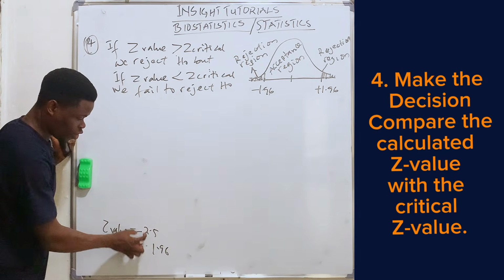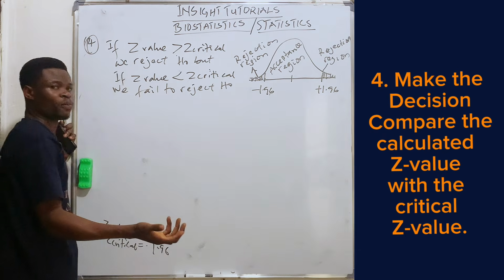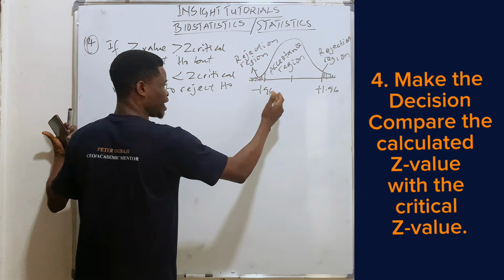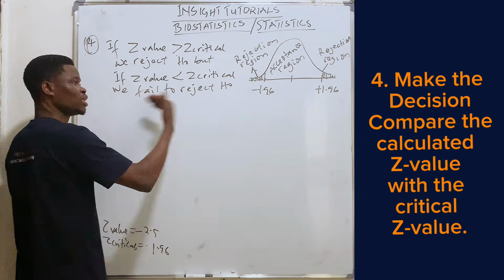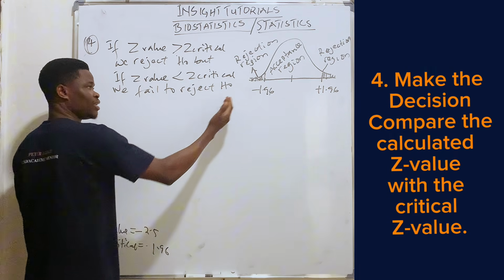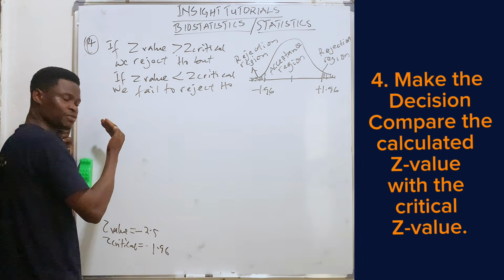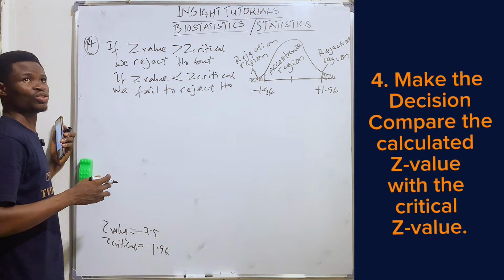Now, does this value of minus 2.5 fall within this range? Obviously, no. Within minus 1.96 to plus 1.96, you cannot find a value of 2.50. So it falls this way on the number line. After 1, you go towards 2. So it falls at the rejection region. So we're going to use that to make a decision in this regard.